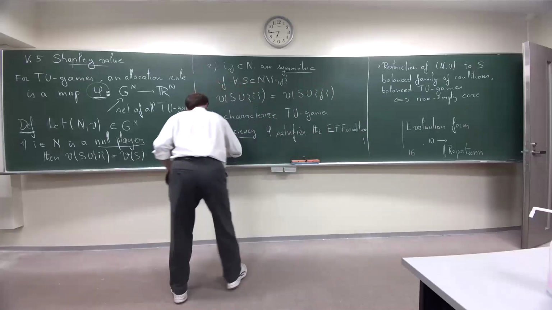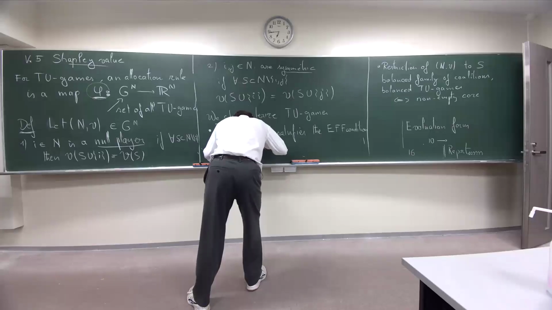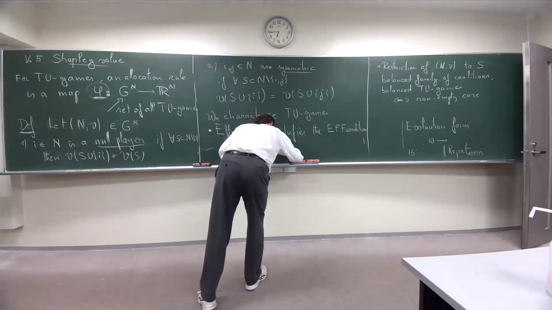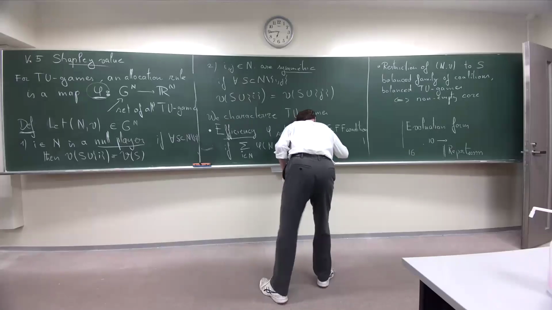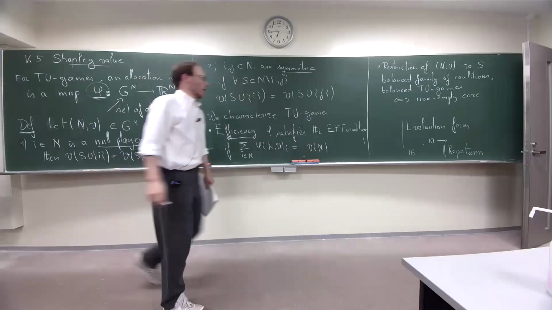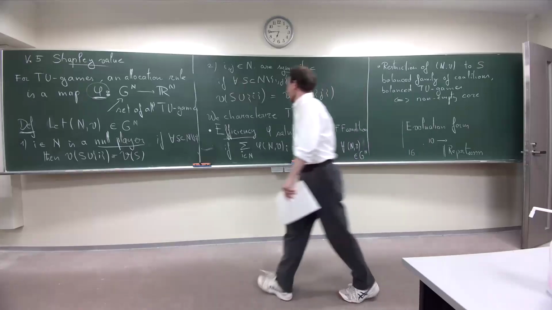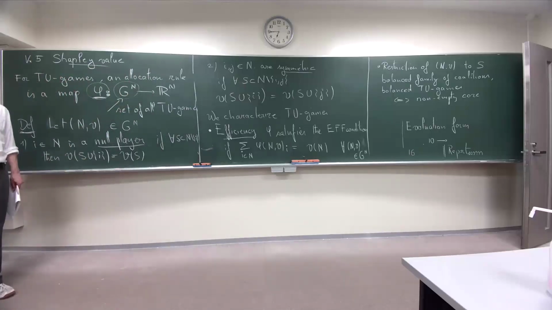These are definitions. I will explain what I mean by this. Remember, phi associates to any TU game a vector in Rn.